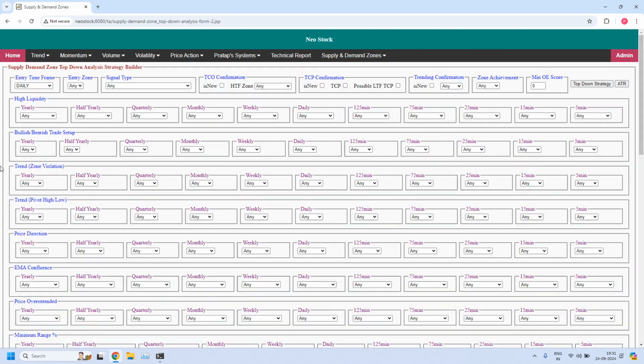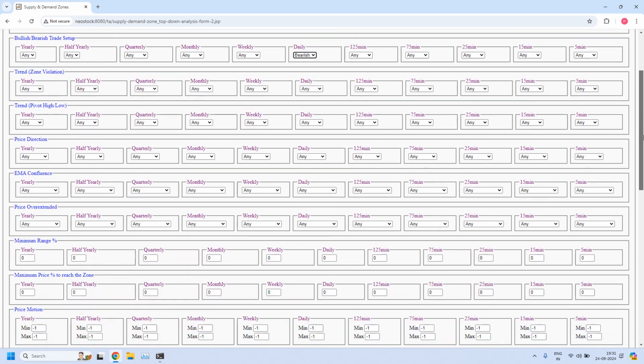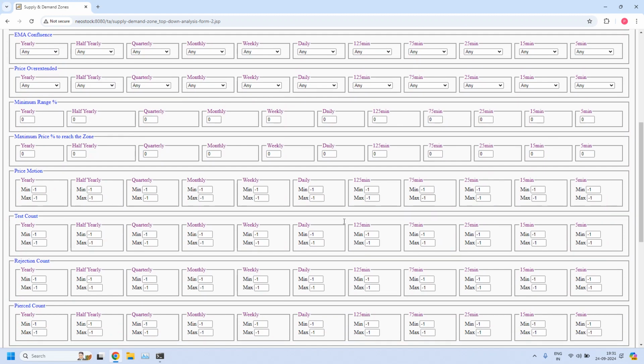Next set of reports are about bearish trade setup for monthly income trade. So entry time frame daily, entry zone should be supply zone. In bullish or bearish trade setup at daily I am selecting bearish. The daily supply zone should not be pierced, so in the pierced count at daily time frame I am setting minimum value 0, maximum value 0.